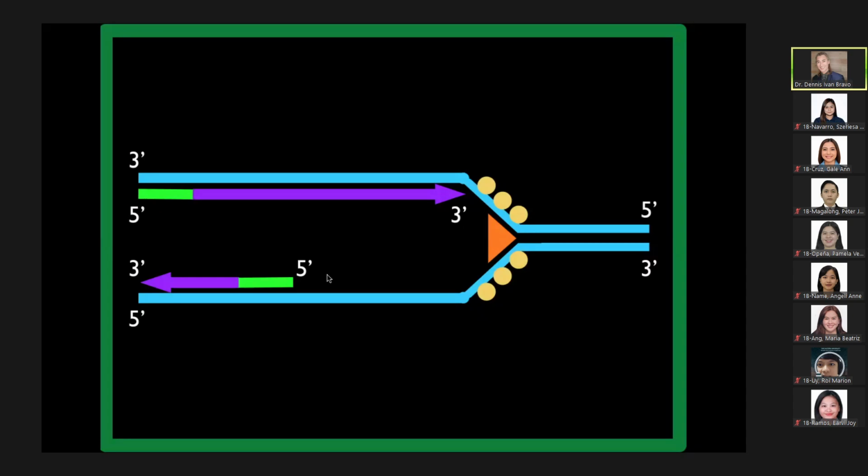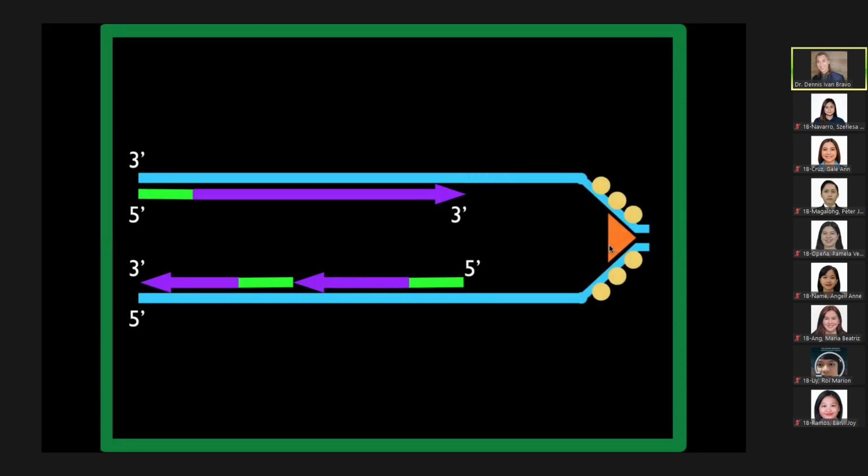So the solution to overcome the problem is to lay down a new set of primers. Once primers have been laid down, the 3' hydroxyl group here will serve as a target for DNA polymerase so that it can incorporate nucleotides to polymerize DNA, as always, in the 5' to 3' direction.